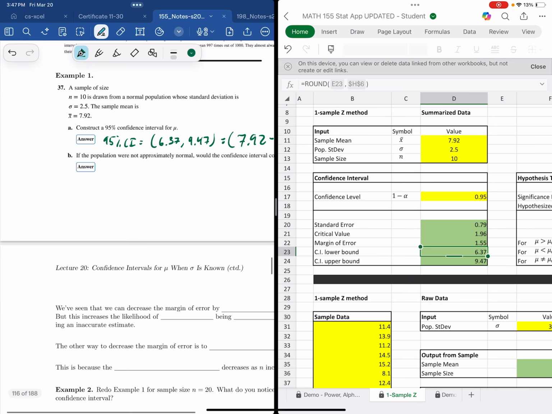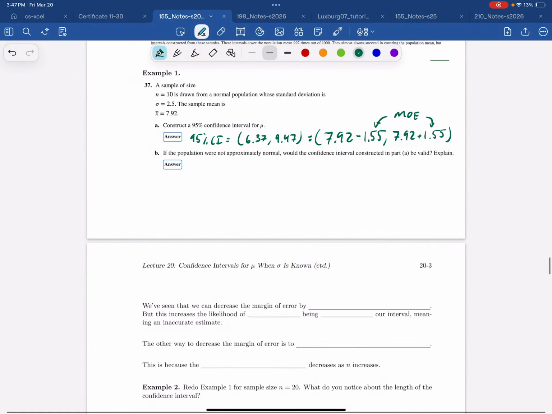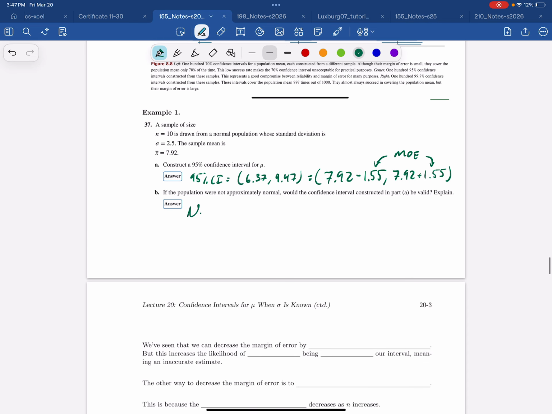Next it says, if the population were not approximately normal, would this confidence interval be valid? And the answer is no. Why? Because n equals 10, which is less than or equal to 30.